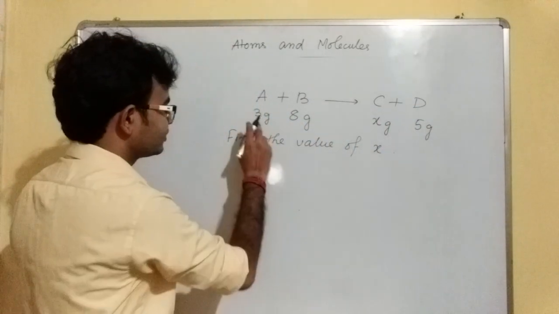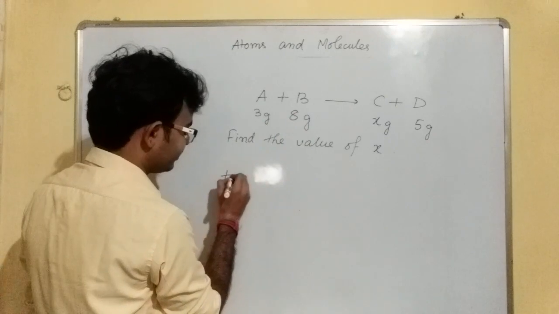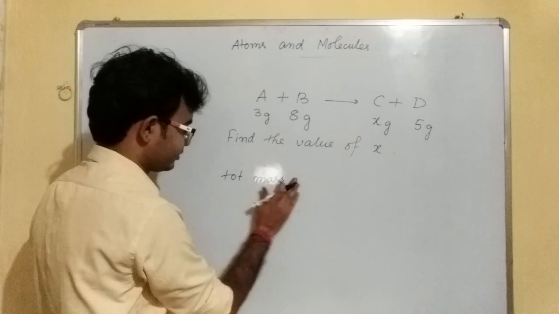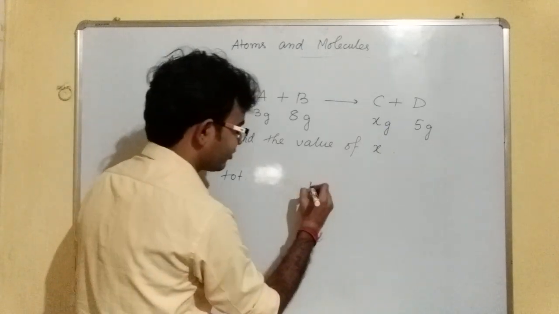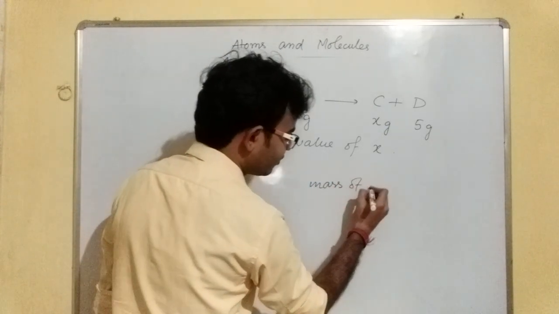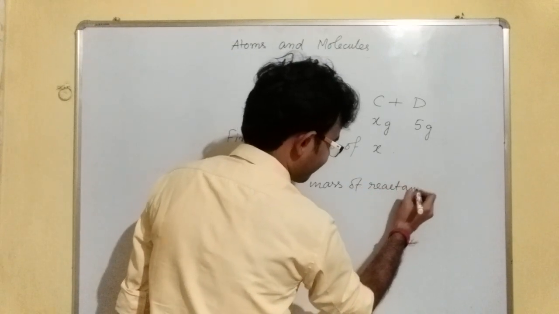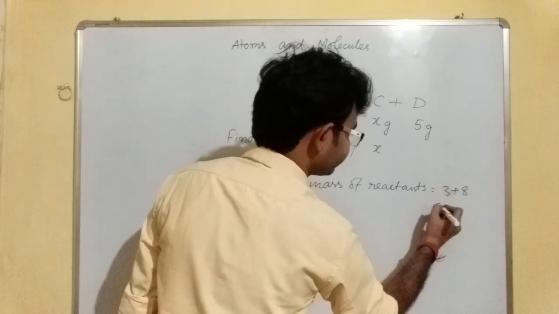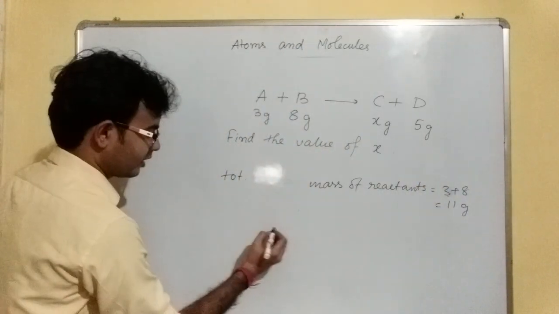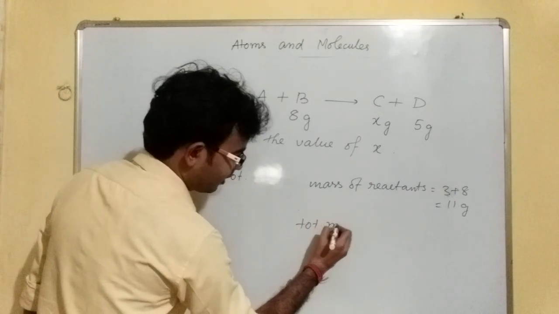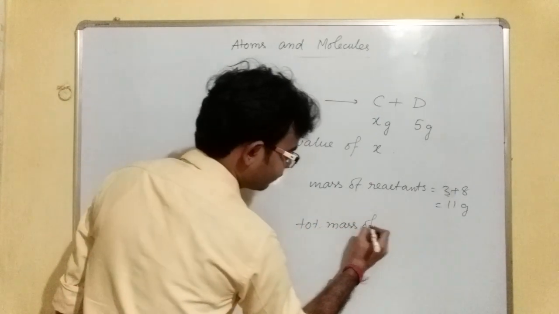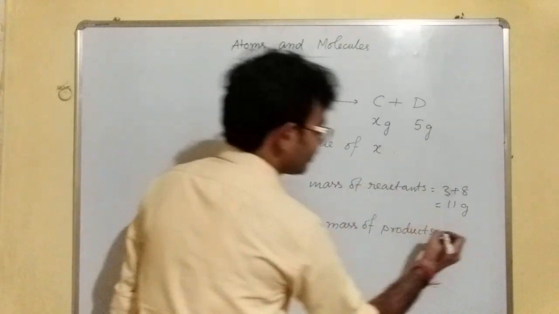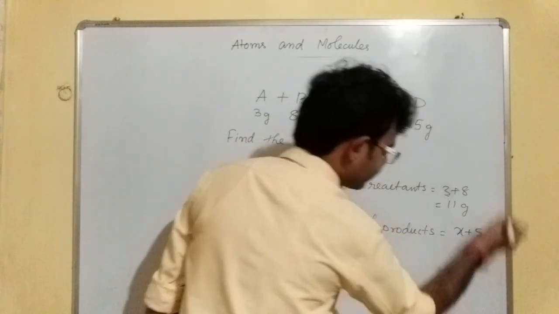Okay, it means the total mass of reactants, let me calculate. Okay, this portion is not visible, I am writing here, total mass of reactants, that is 3 plus 8, 11 gram, and here total mass of products equal to X plus 5 gram.